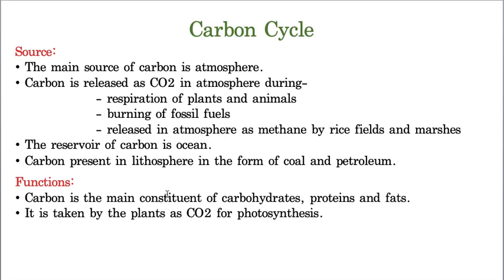This carbon dioxide is taken by the plants in gaseous form. In the presence of sunlight, this gaseous carbon dioxide is converted into an organic molecule called C6H12O6. That's why it is called carbon fixation. The atmospheric carbon dioxide is converted into a solid, one organic compound called glucose, and this process is called photosynthesis or carbon fixation.